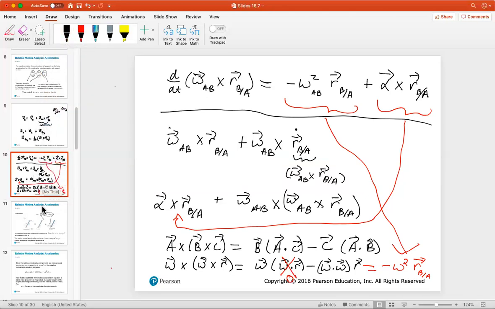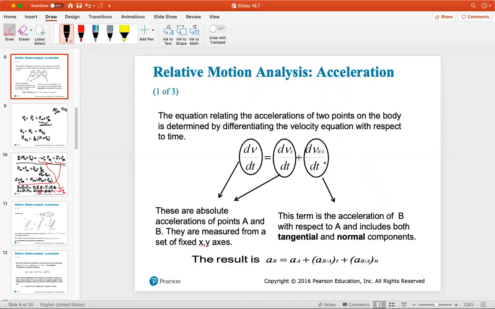Going back to the book, what they say is that you take the derivative of the absolute velocity and the relative velocity, and there should be a subscript b, I'm just noticing here, sorry. And that will give you the acceleration, and in general you should expect both.